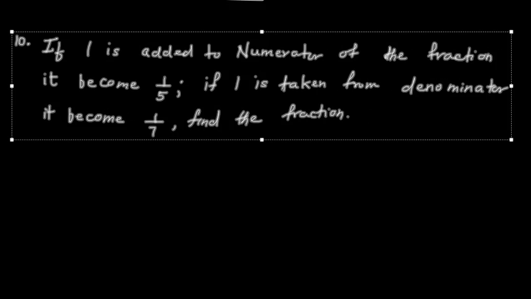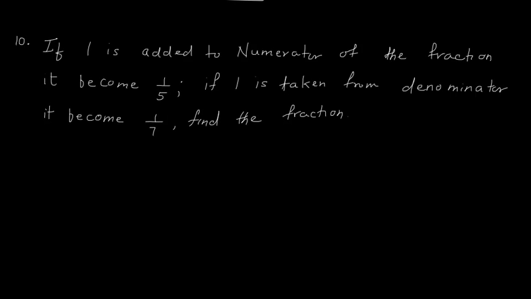If 1 is added to the numerator, so I will consider, in solution, let the fraction be x upon y. Okay. Now if 1 is added to the numerator, means x plus 1 upon y, I have a fraction 1 by 5.